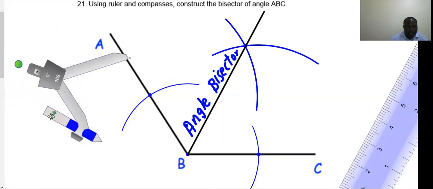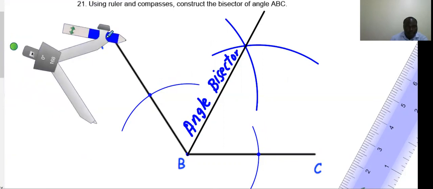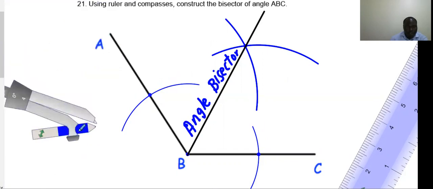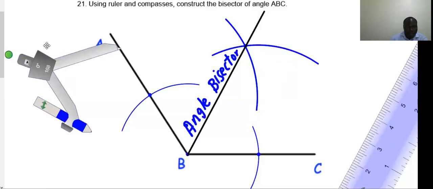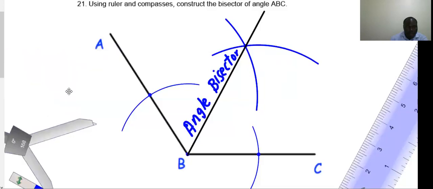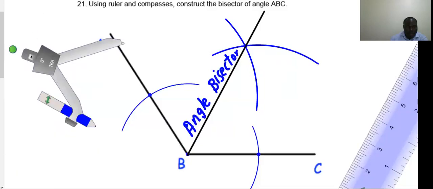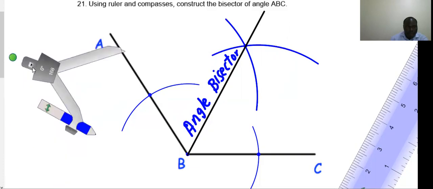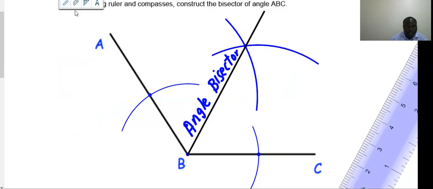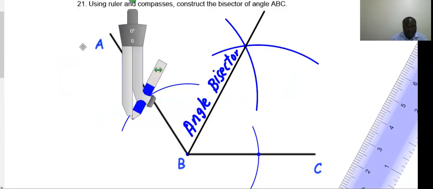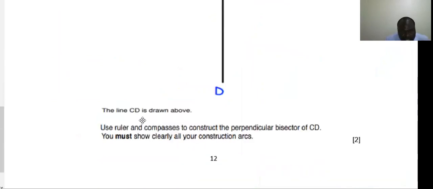Close it like so. Take another one from here. Yep, here we go. Now, the line CD is drawn above. The line CD, this line CD is drawn above.